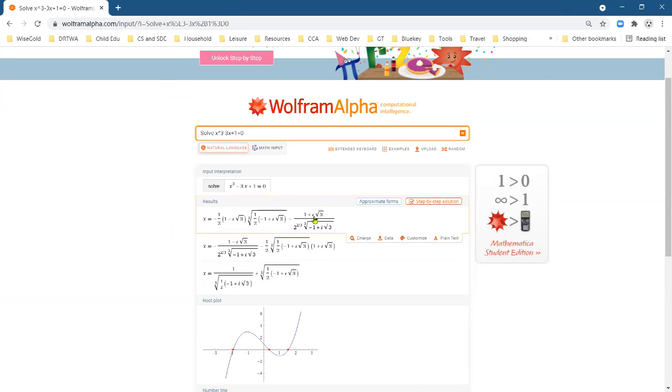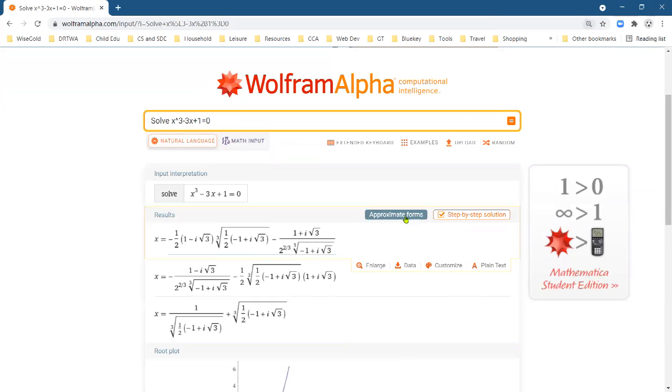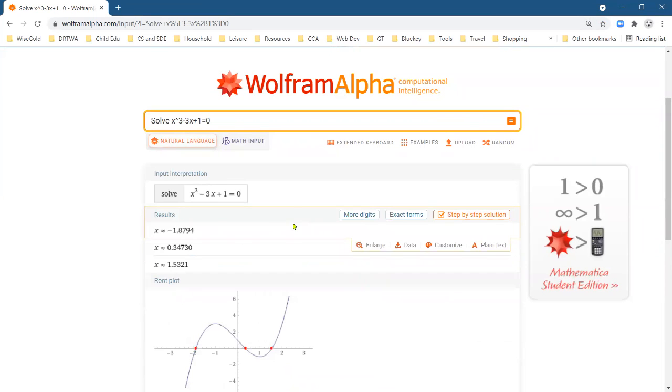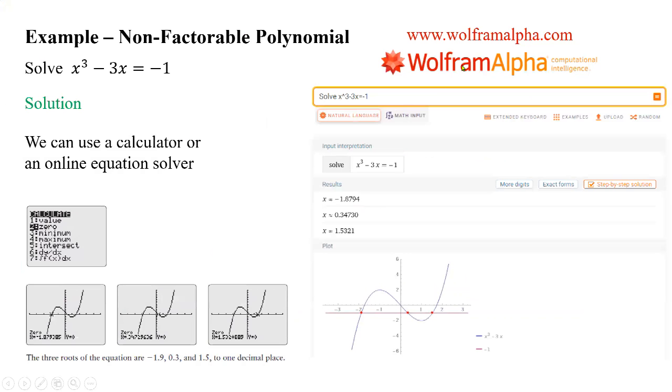If you want approximate forms, just click the approximate forms here, and then it will calculate some approximate values for you. These are all possible solutions for this equation. Understand? Okay, we're not going to talk about too much here. You can check that online from this website, okay?